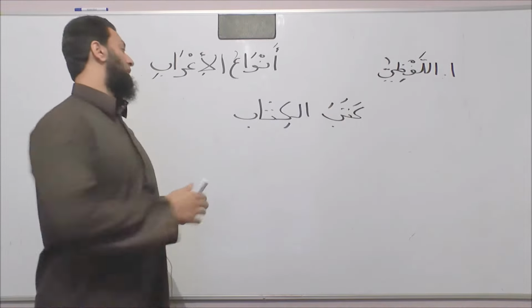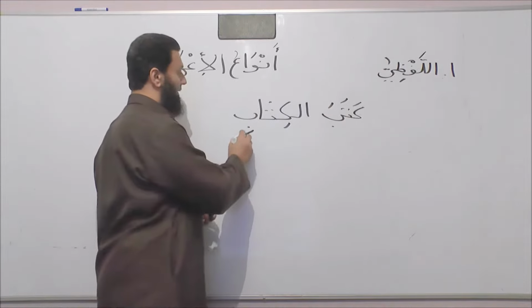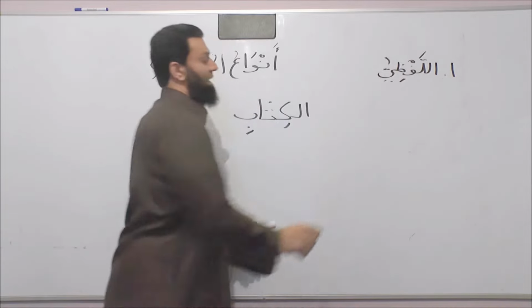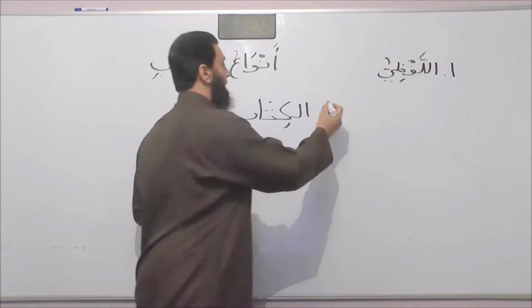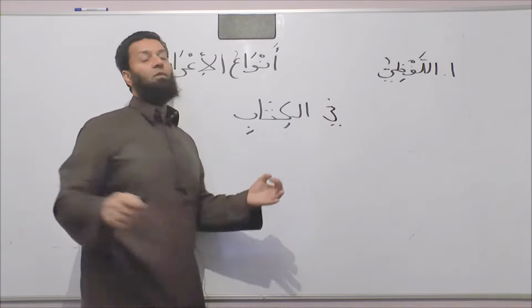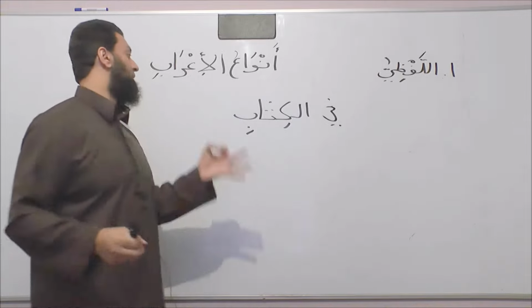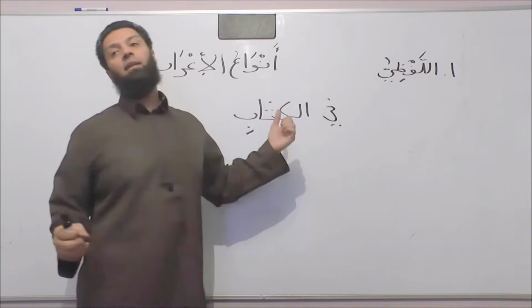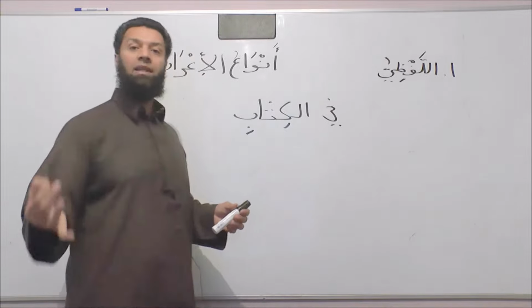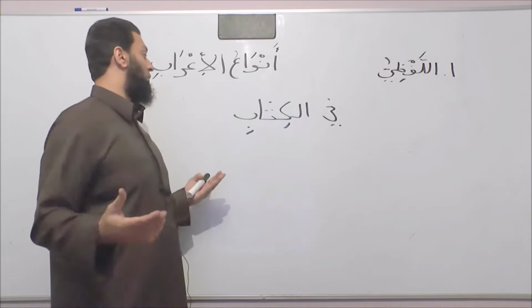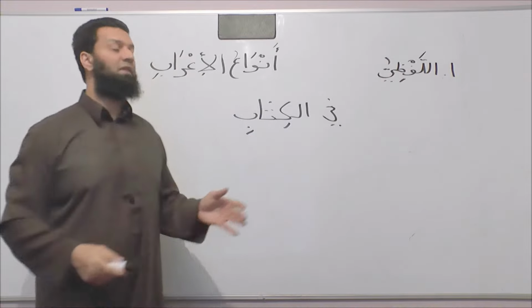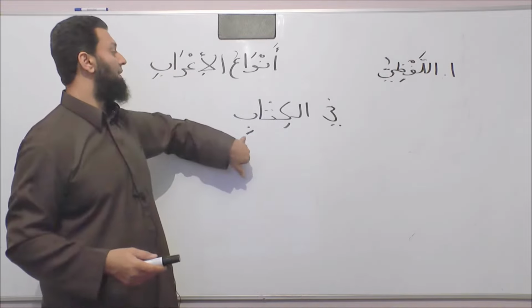And the final one, of course, is if there is a kasra, then we would say fi al-kitabi. And if we were to ask ourselves what is the indicator that it is in the majrurun state, we would say alamatu jarrihi. The indicator of it being majrur is al-kasratu al-dhahiratu fi akhirihi, a kasra upon the end.